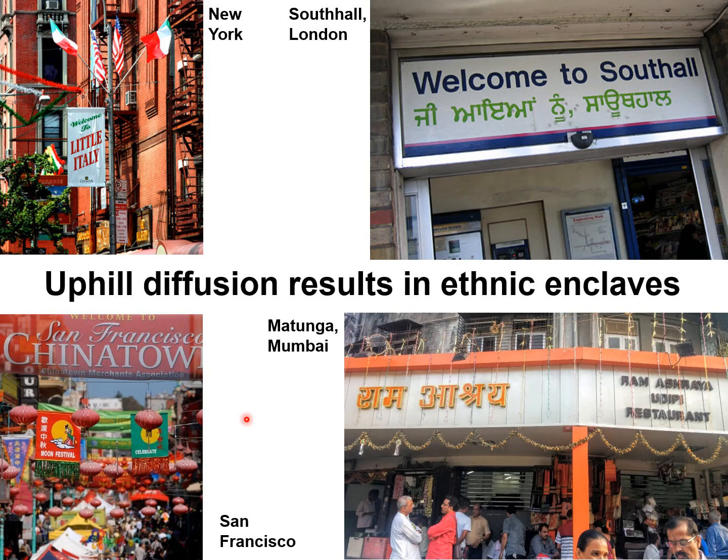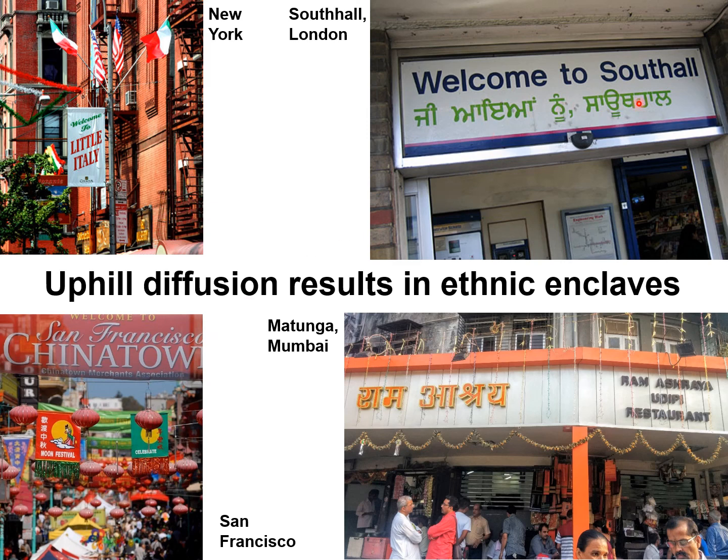In the socio-economic sphere, the phenomenon of uphill diffusion results in ethnic enclaves. As evidence, have a look at the district called Little Italy in New York, the Chinatown in San Francisco, Southall in London.